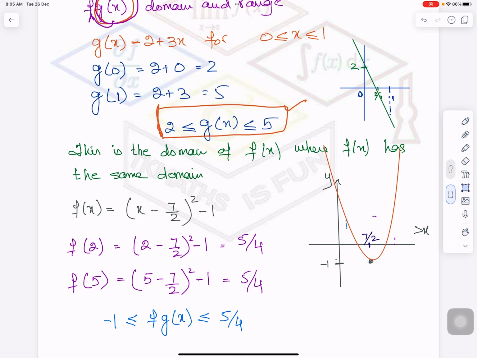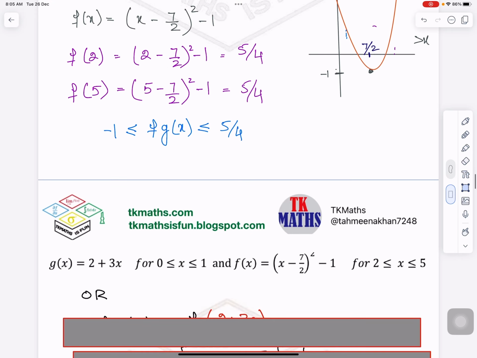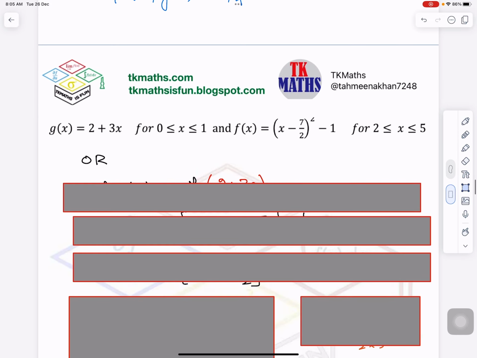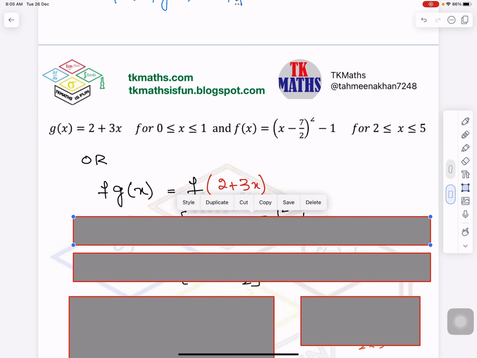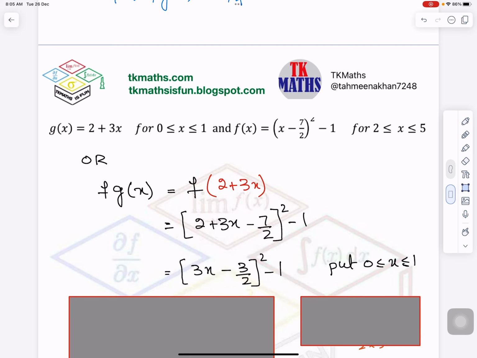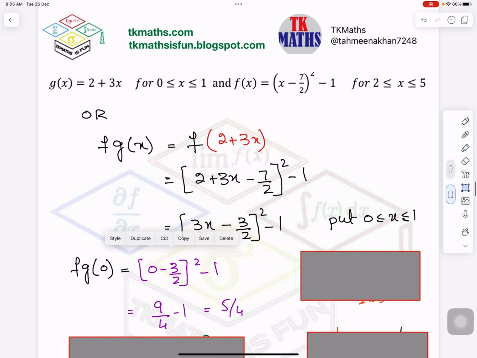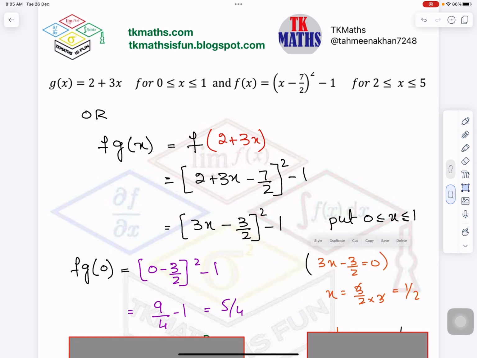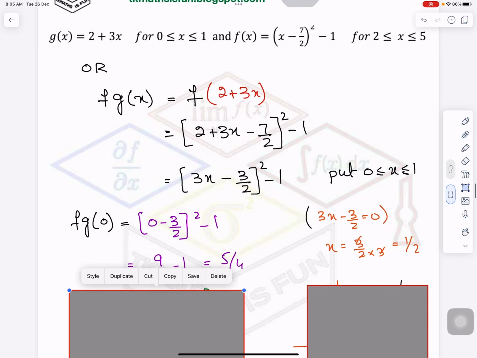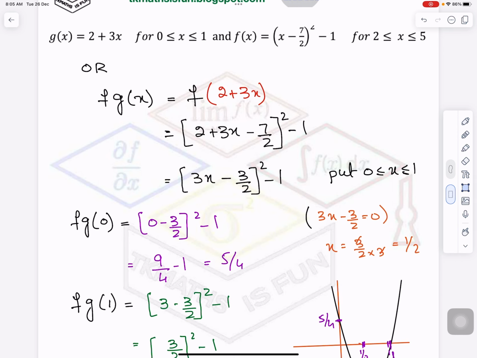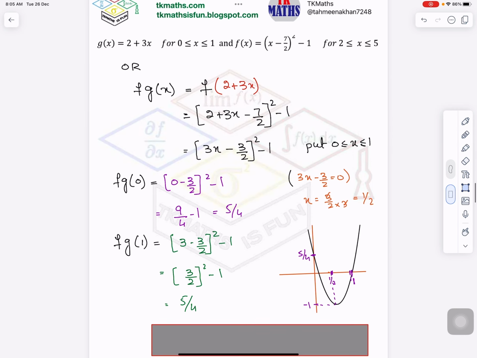And I got my range of the composite function. You can put the video on pause and try it. If you have a question, you can write in the description below. And this is the second method. First I found the composite function and then I plugged in the values in it. I will keep it on the screen for a few seconds so that you can visualize it and understand it better. Okay.